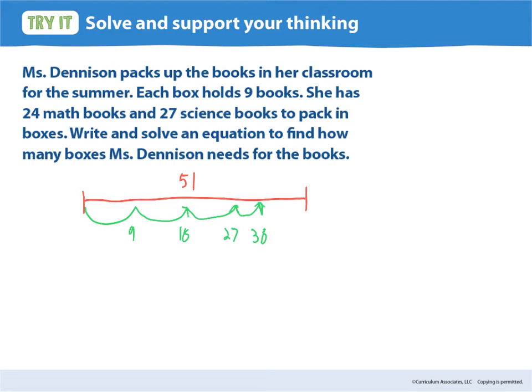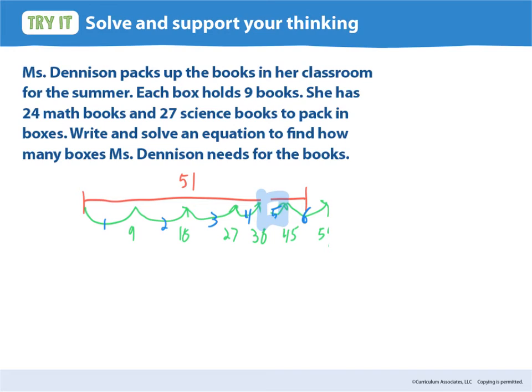I'm a little out of proportion here. 45. And we would have figured out 54 is too far. That's okay. We know that there's 1 jump, 2 jumps, 3 jumps, 4 jumps, 5 jumps. And that 6th jump takes us too far. So it's going to be 5 full boxes with part of another.